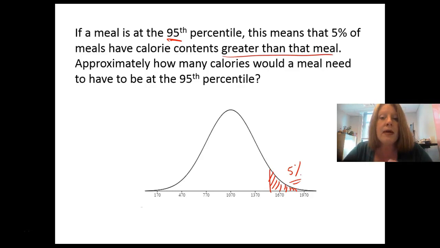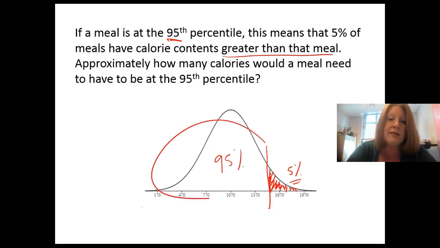But remember, if we have 95% in the middle, that means we have 5% left over that gets evenly divided into each tail. So you'd have 2.5% on the bottom and 2.5% on the top, not 5%. So we need a value where there's 5% on top and 95% below it. So a total of 95% here and then 5% here.